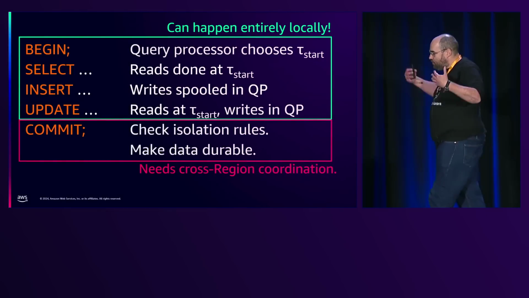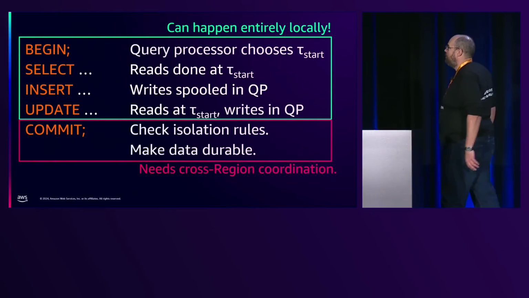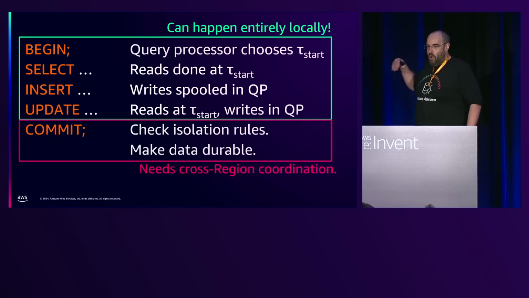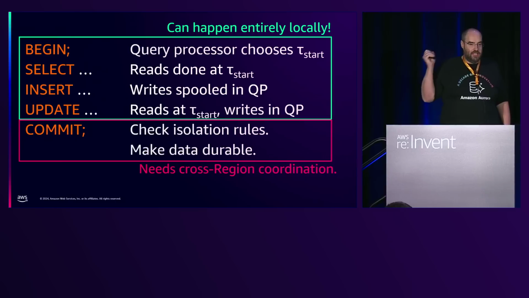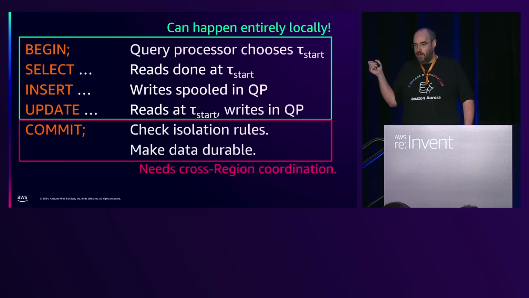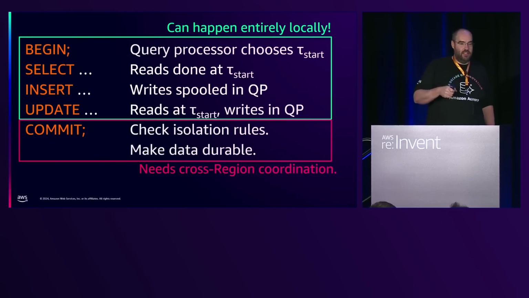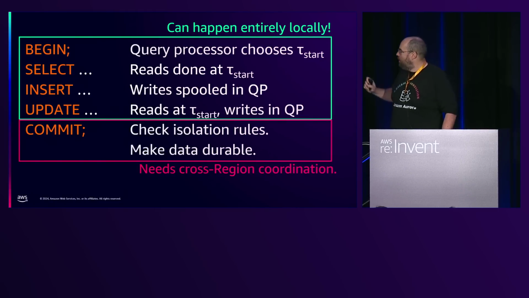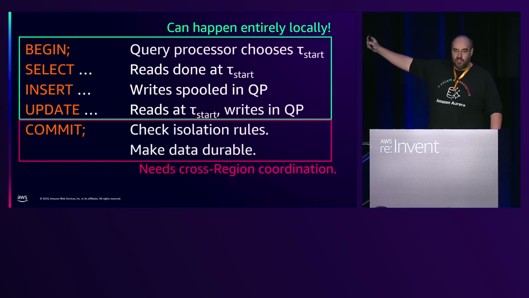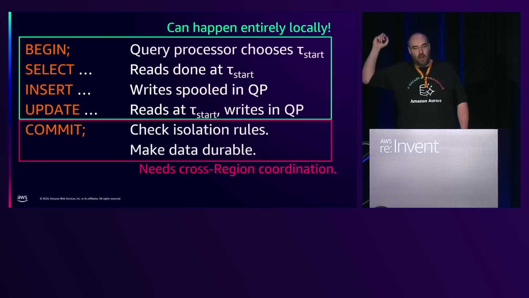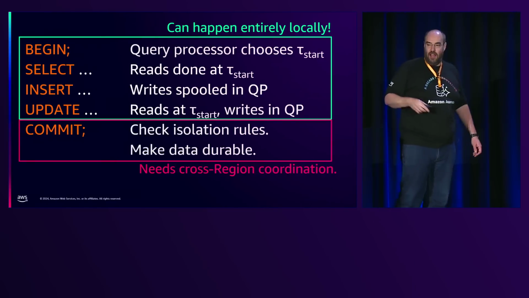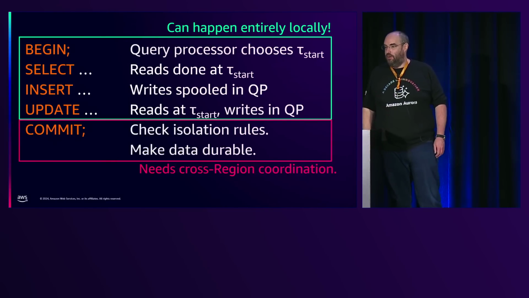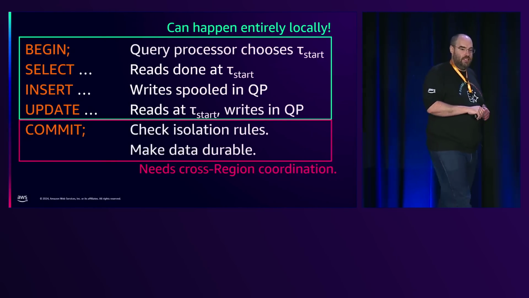And so again, because I've repeated this so many times, we don't need to coordinate in our architecture between transactions until commit time. If you watched Matt's keynote, this is the thing that Matt was talking about. Those begins, those selects, those inserts, those updates, well, they happen locally. They happen in your region. In fact, if you're running inside an AZ, they'll happen right there in your availability zone. They don't even cross availability zones.